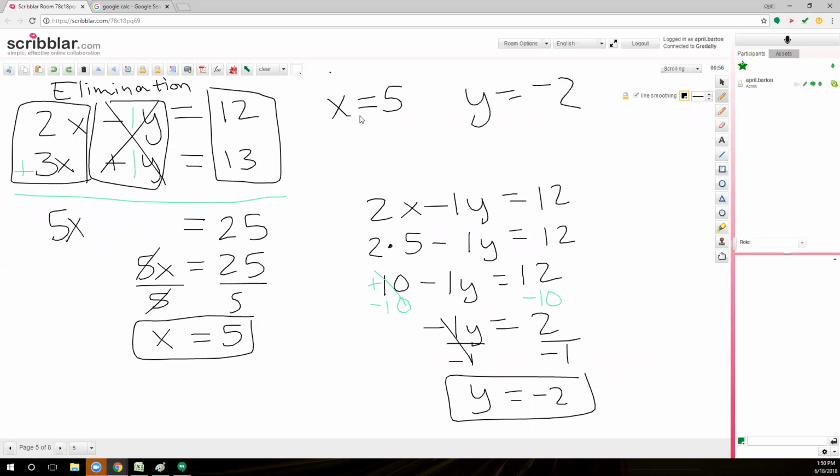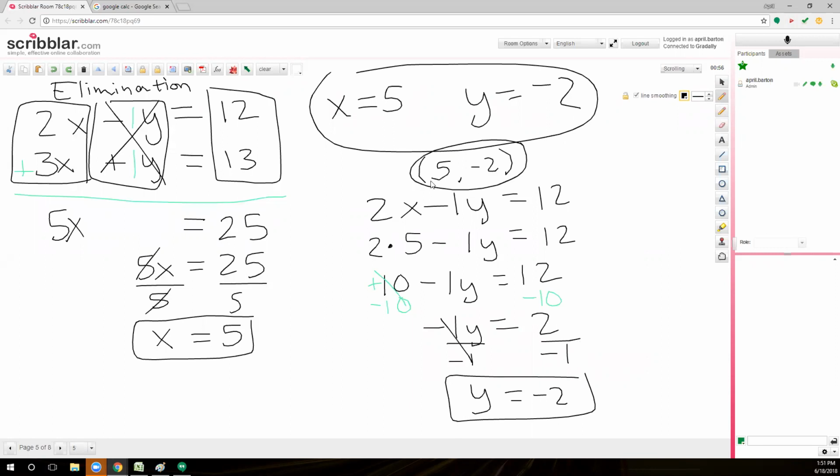So that's your final answer. Both of those together can also be represented as a coordinate. Always put x first. So it could be written as 5 comma negative 2, or you could just have them written separately. So that's the easiest version of elimination.